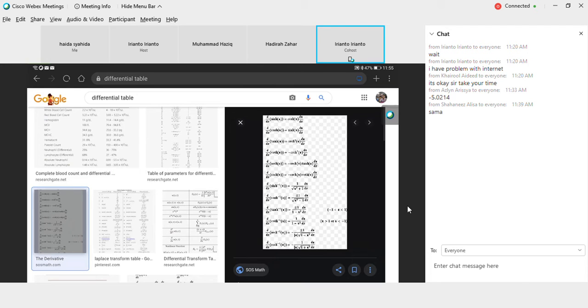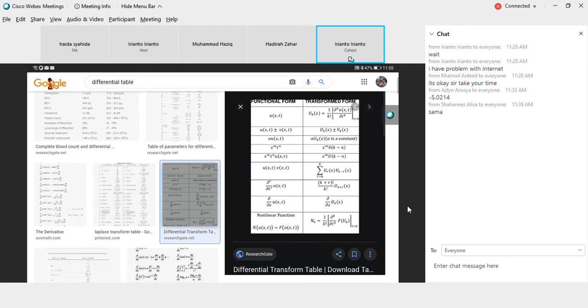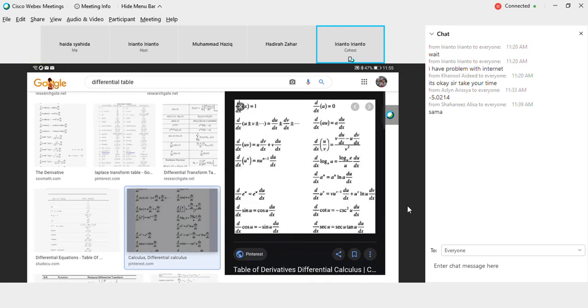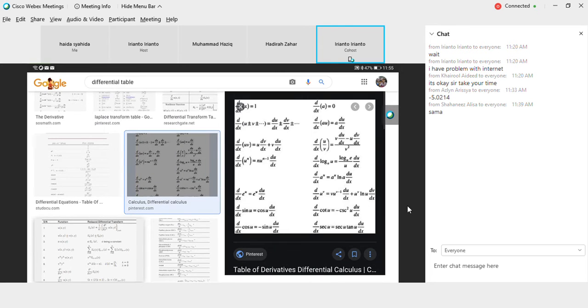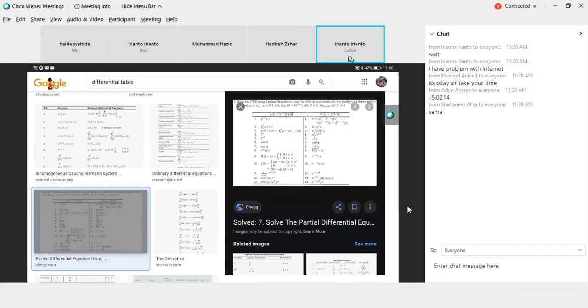Here, do we have tangent, or this one, tangent hyperbolic? I don't see any tangent. Is there any tangent? I need to see tangent. Is there any tangent integral?